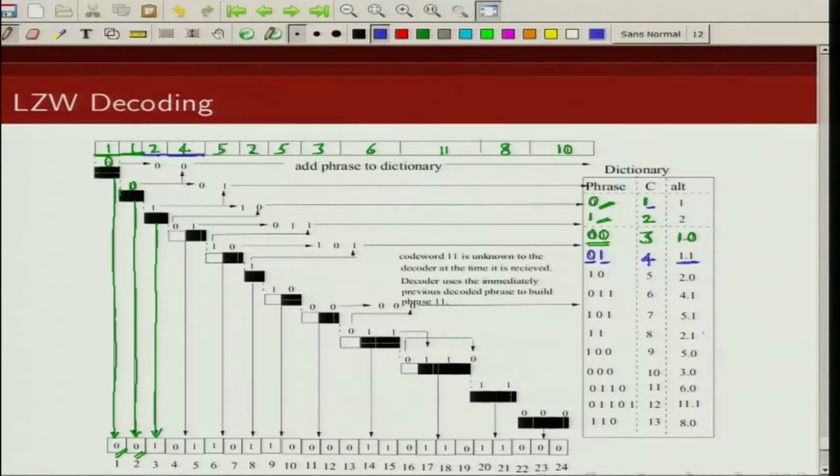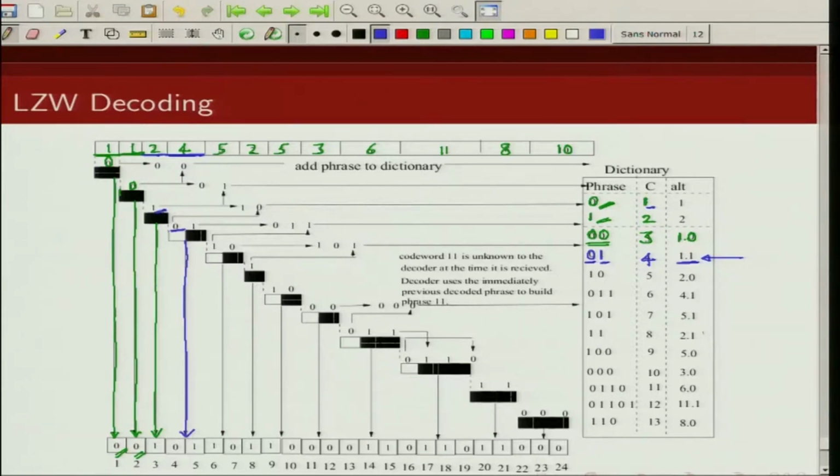Next is 4. So what is 4? If I look at my dictionary, 4 corresponds to 0 1. So this 4 will be decoded as 0 1. Now what is the first bit of this sequence 0 1? That's 0. So my innovation symbol is 0 and the previous phrase is 1.